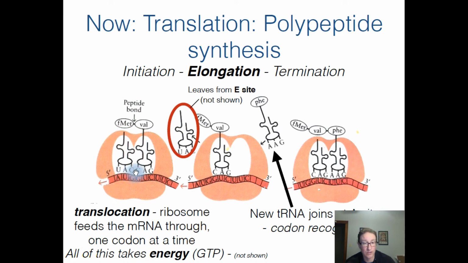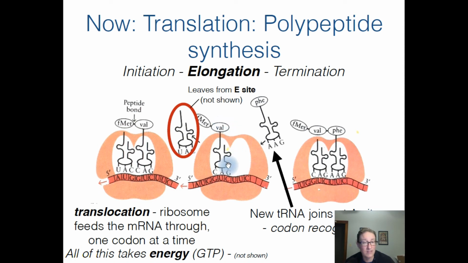Then as this whole thing feeds along, so the mRNA is going to feed and shift 3 units over, this first tRNA is going to wind up in the E site, where it can then exit from the ribosome. And now the second tRNA will have shifted over, so it's in the P site, where its amino acid will be attached to the first amino acid, so that there will be a peptide bond between those amino acids, so the polypeptide chain will start to grow.